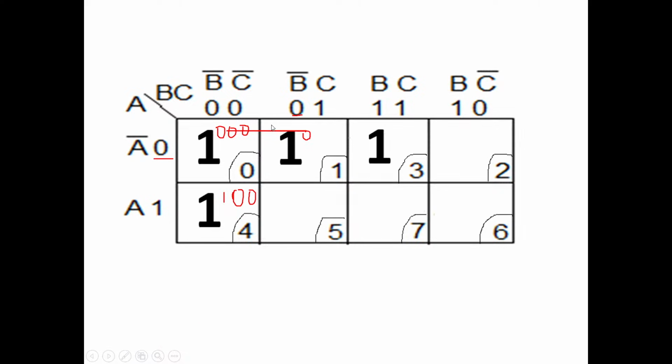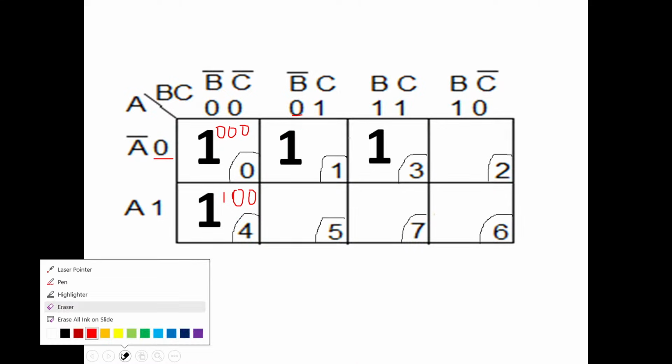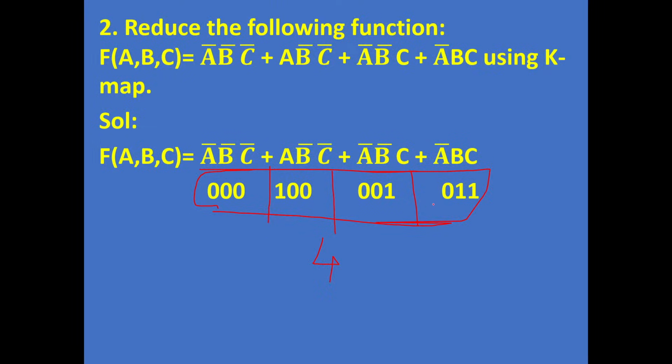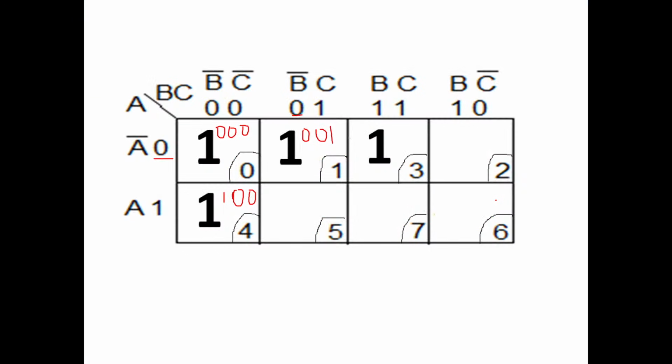No need to write these zeros and all. I'm writing so that you people can understand. I will conclude within 5 minutes. Don't worry. It is already late. So 0, 0, 1. Next 0, 1, 1. So here 0 is there, and here 1, 1 is there. So 0, 1, 1. So in these 4 boxes, write 1.